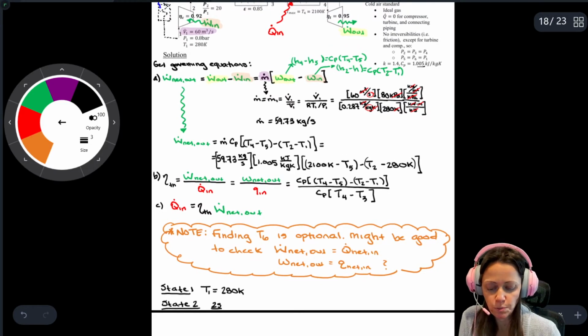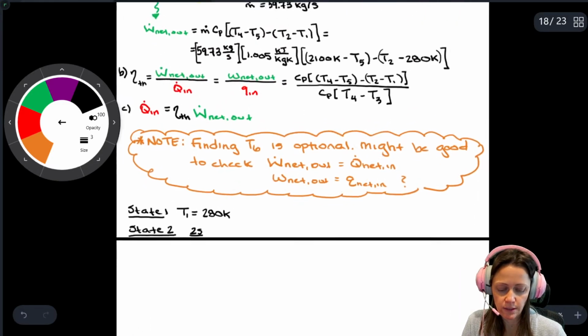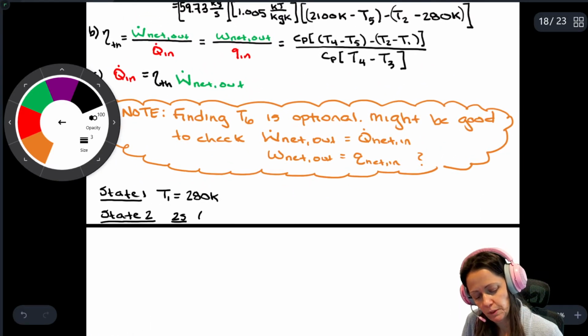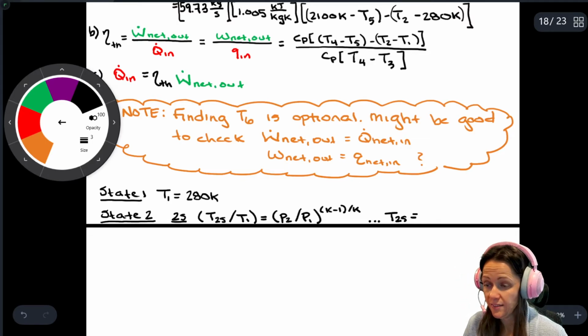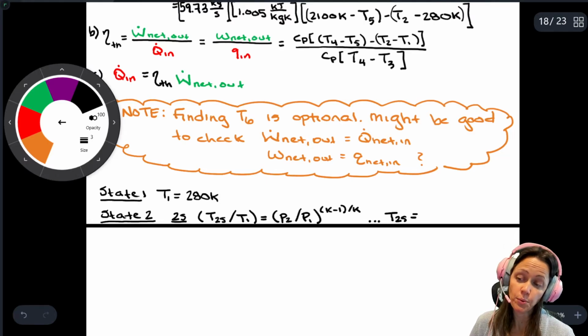We have 92%, so I do have to use my isentropic efficiency to get T2s, and then from there I'll get the actual T2. Right. My T2s, I've got 658.99.